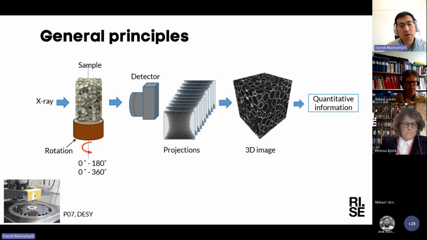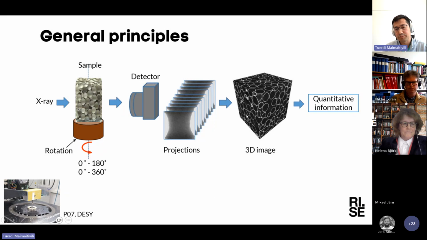But almost all systems share three main components: the X-ray source, the sample stage, and the detector. In all cases, they collect images from multiple angles, from 0 to 180 degrees or 0 to 360 degrees, and this type of 2D shadow image, or projection, is collected.